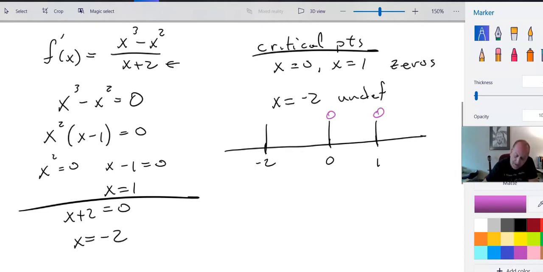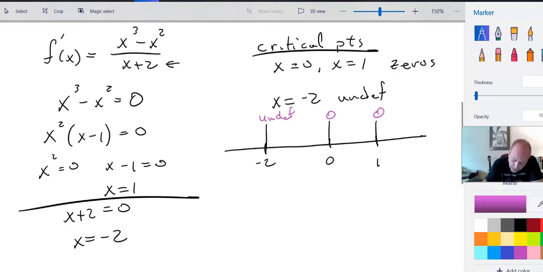So did the 1, but the negative 2 came from undefined. So you can use whatever notation you want, but you do need to know the difference between when a critical point is found from being a 0 and found from being undefined.